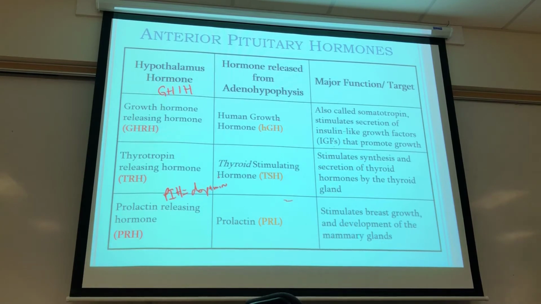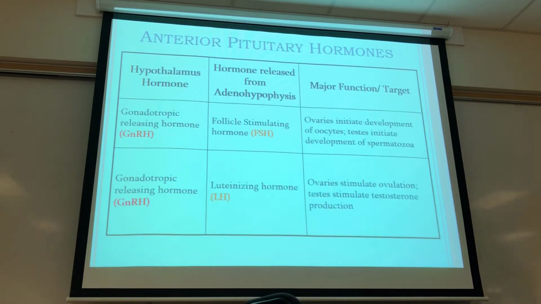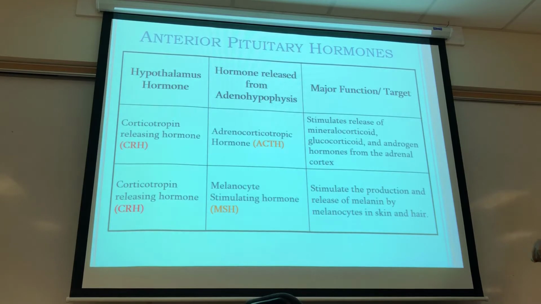Dopamine secretes back, and there are receptors on the hypothalamus for dopamine. When dopamine attaches, it's going to inhibit the production of prolactin releasing hormone. So all of this is that negative feedback. And the same thing with MSH, where we have another inhibiting hormone that will come back and limit the production.